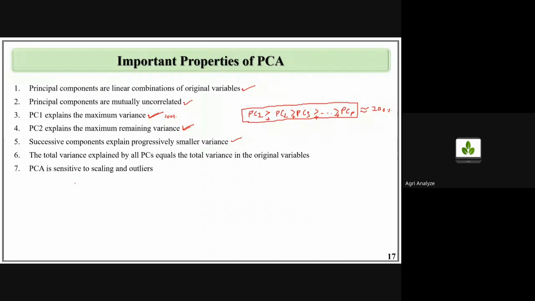That's why we standardize our data, because if we measure our x1 variable in centimeter, x2 in kilogram, x3 in gram, then there is bias, or a magnitude difference between variables. So that's why PCA is sensitive to scaling, and we have to standardize our data. So these are the basic properties in PCA analysis.